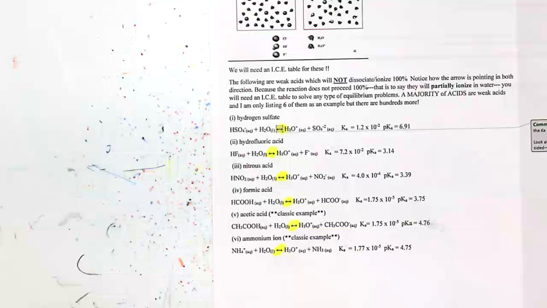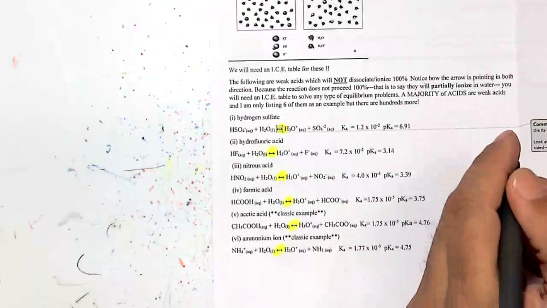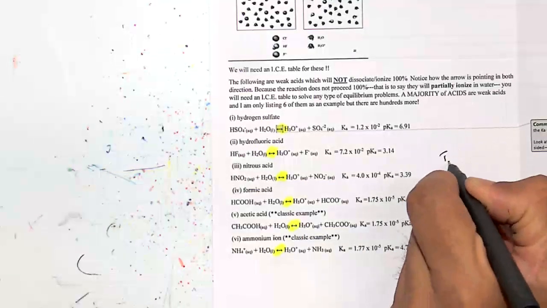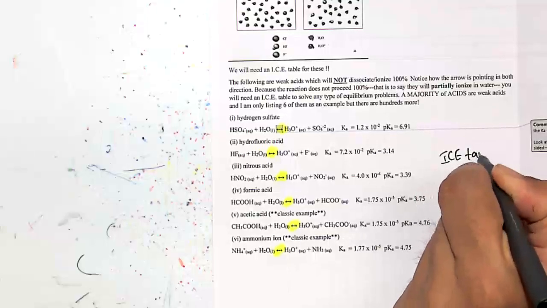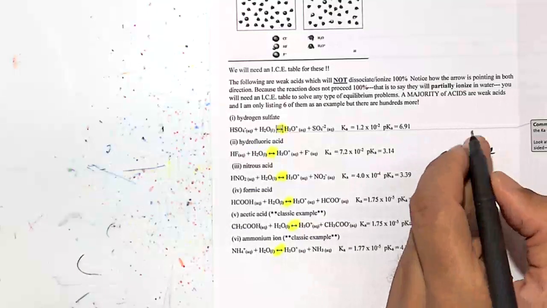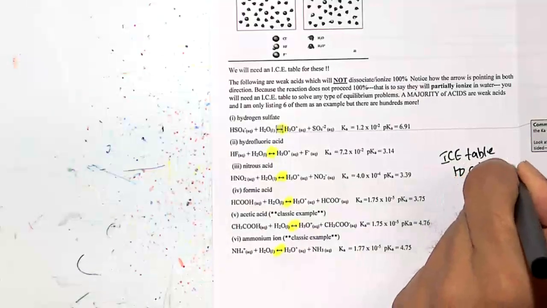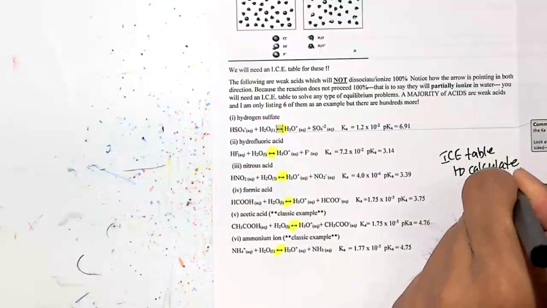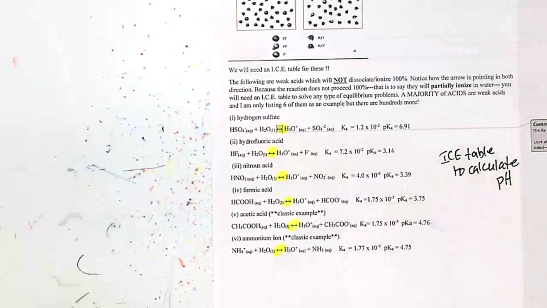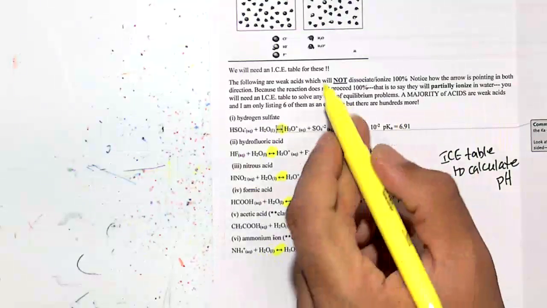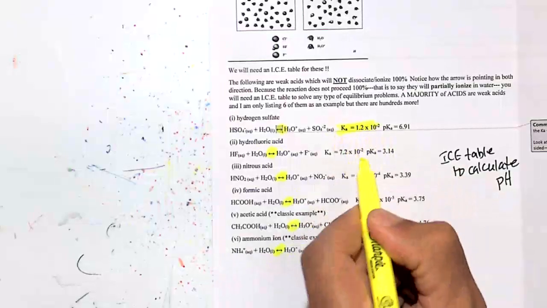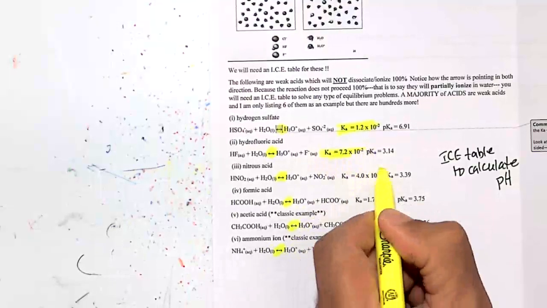So here, in contrast to the 6 strong acids, we need an ICE table to calculate pH. Look also at the Kas. They are less than 1.